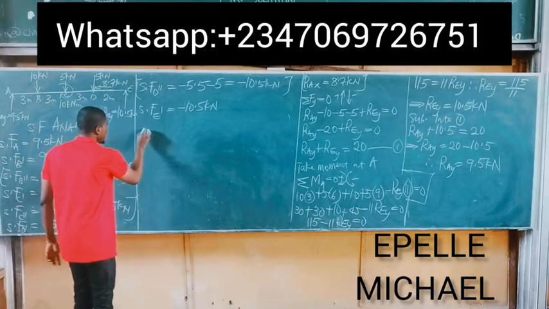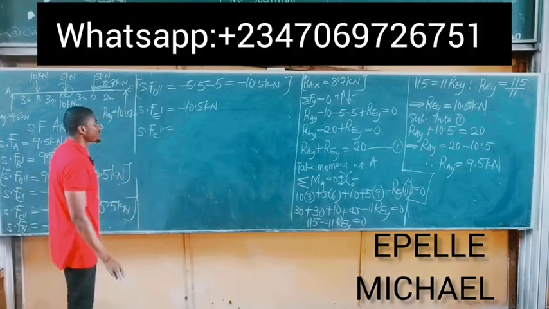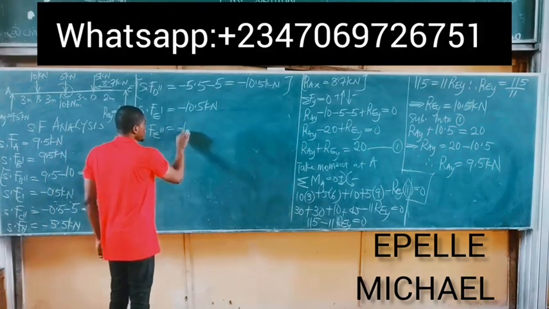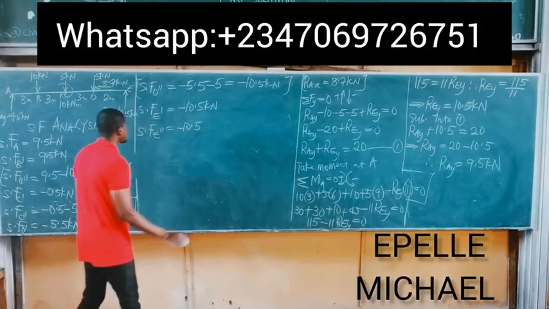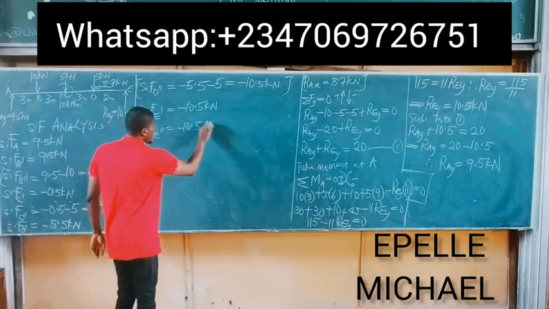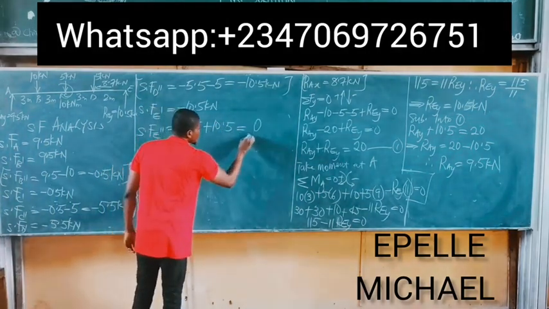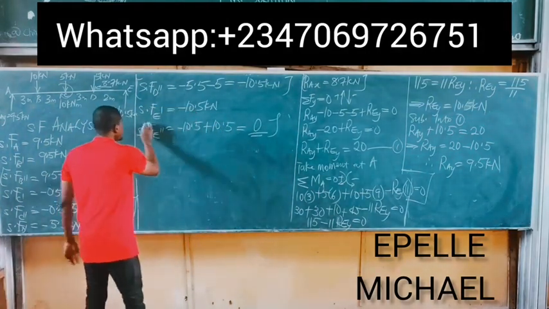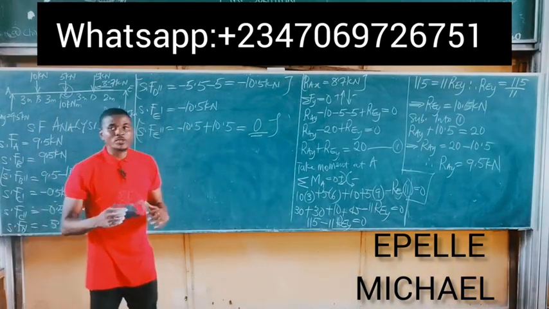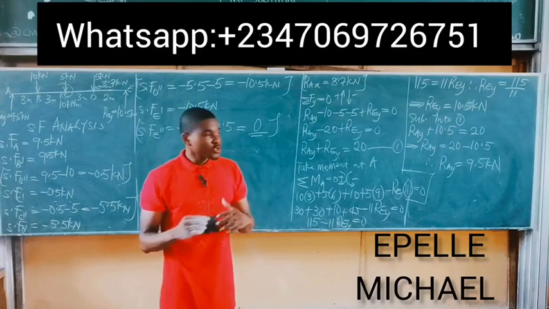So finally, shear force E prime prime, which means finally at point E, this force minus 10.5 now encounters an upward force of 10.5. So upwards becomes positive, plus 10.5, and this is simply equal to 0. So at the end of every shear force analysis, you must always obtain 0 as the answer. Okay, so that is that.